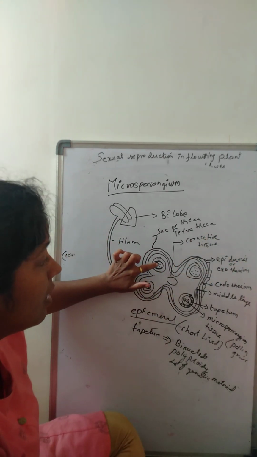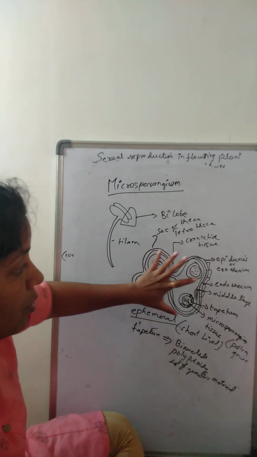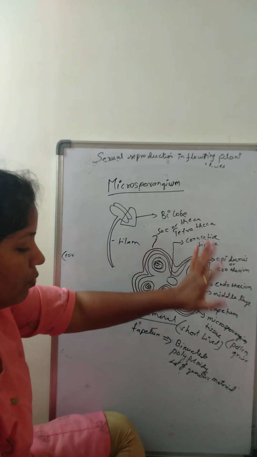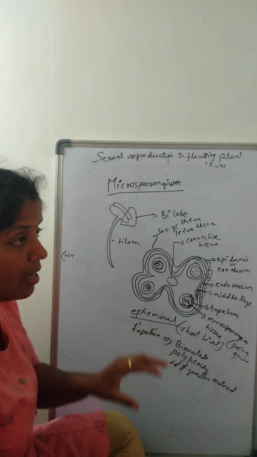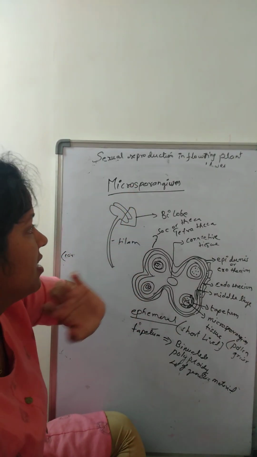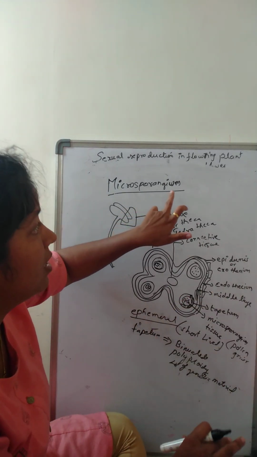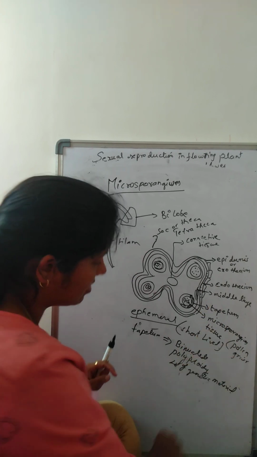Now our target is to release this pollen. Now this is the structure actually. Now let us see microsporogenesis. Micro means male, spore means spore formation, genesis.